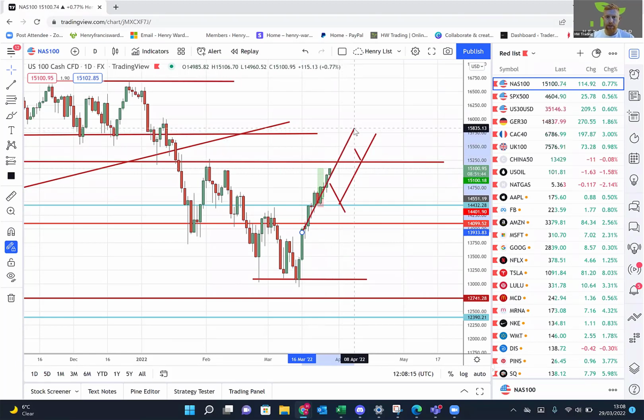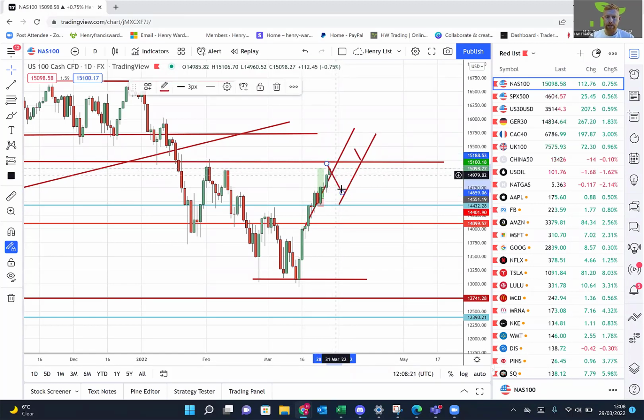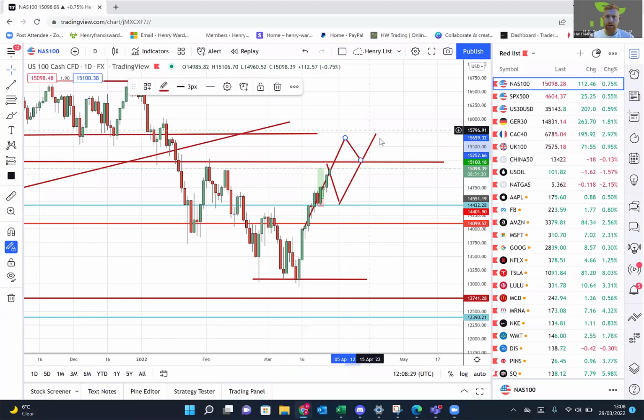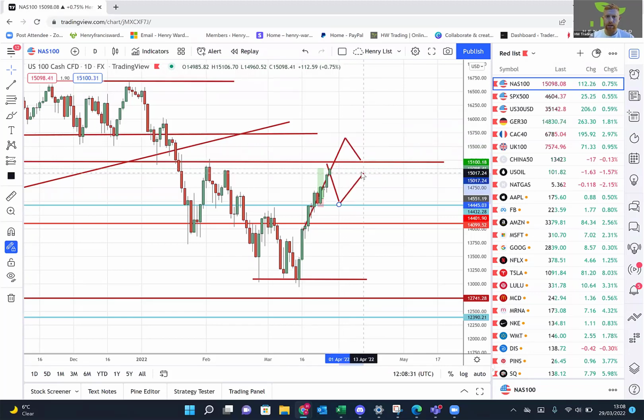Extend that on. So are we going to get this pullback here down to there? Or are we going to continue, break and then retest? So which do we think is going to break? Is it going to continue breaking and then retest? Or is it going to hit its head here of this ceiling, come back down and then go again?